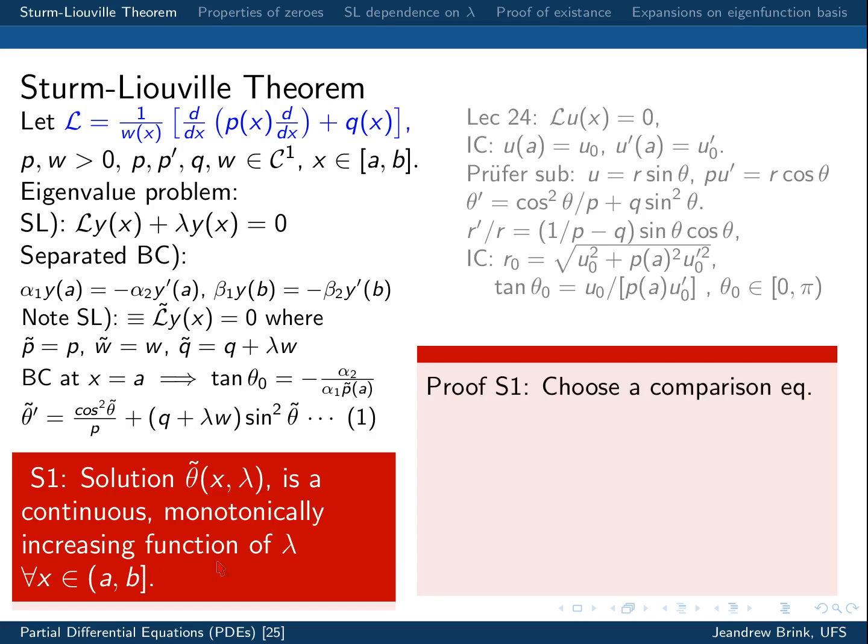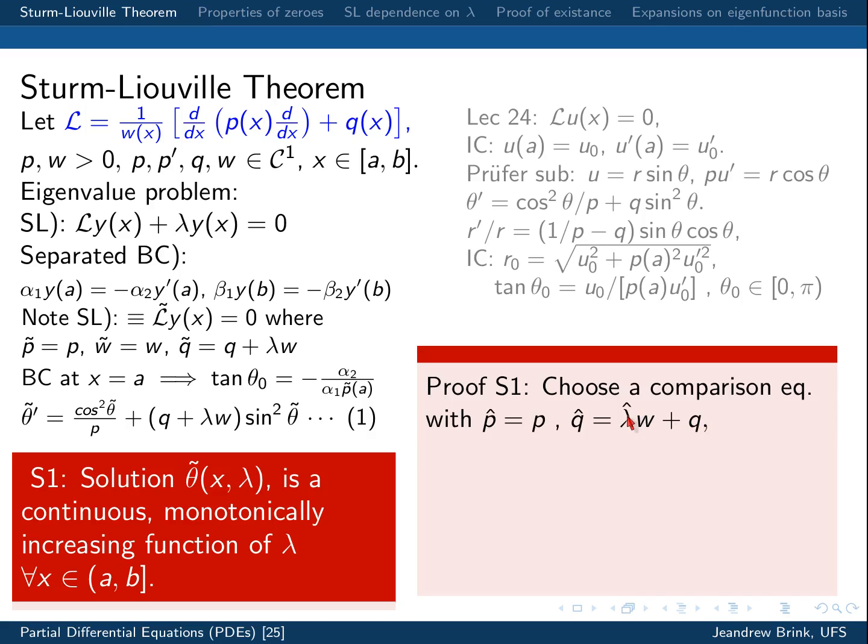Okay, so the proof that we're going to use is simply to use the comparison theorem that we explored the previous time, and we're going to choose an appropriate comparison equation that is very close to the equation for theta tilde. In fact, we're going to choose a comparison equation in which only our q has been modified. So instead of having q tilde, we see here p hat is p, which is p tilde, but q hat is lambda hat w plus q.